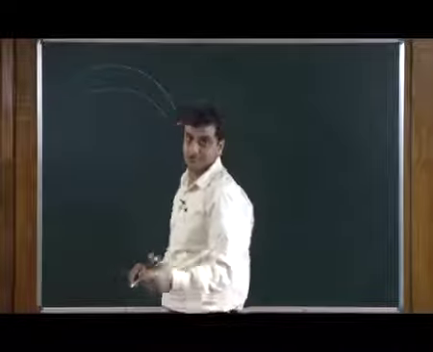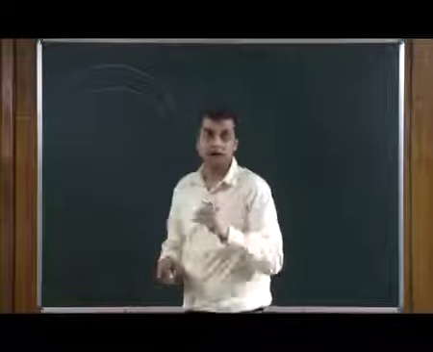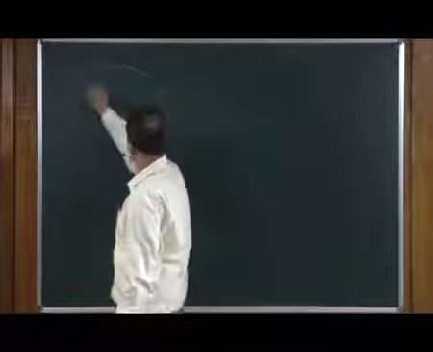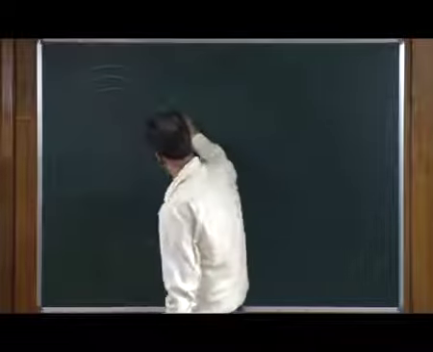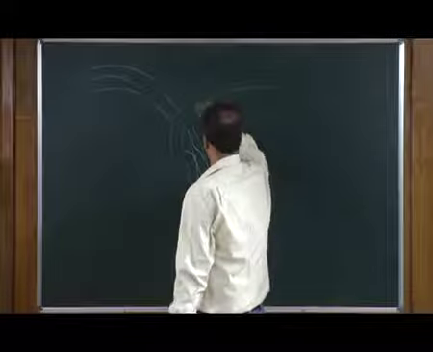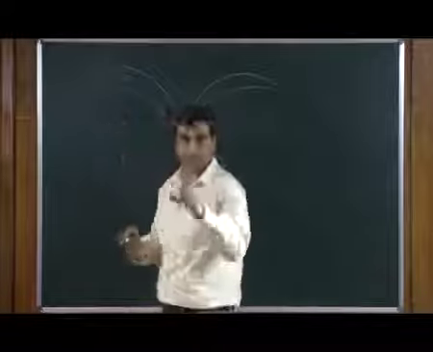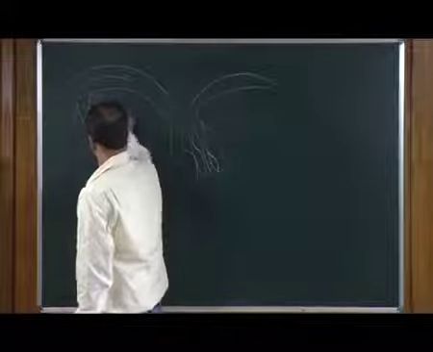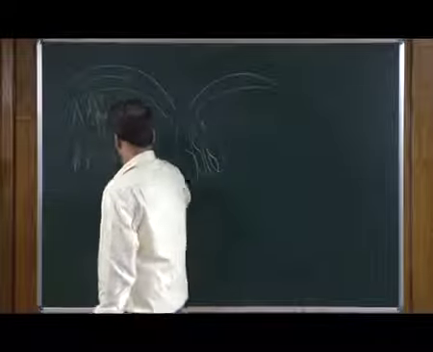Suppose this is an afferent duct. We will skip the word duct and say arteriole, because now we are discussing the blood flow. The blood is coming into the glomerulus by this arteriole, which is called the afferent arteriole.